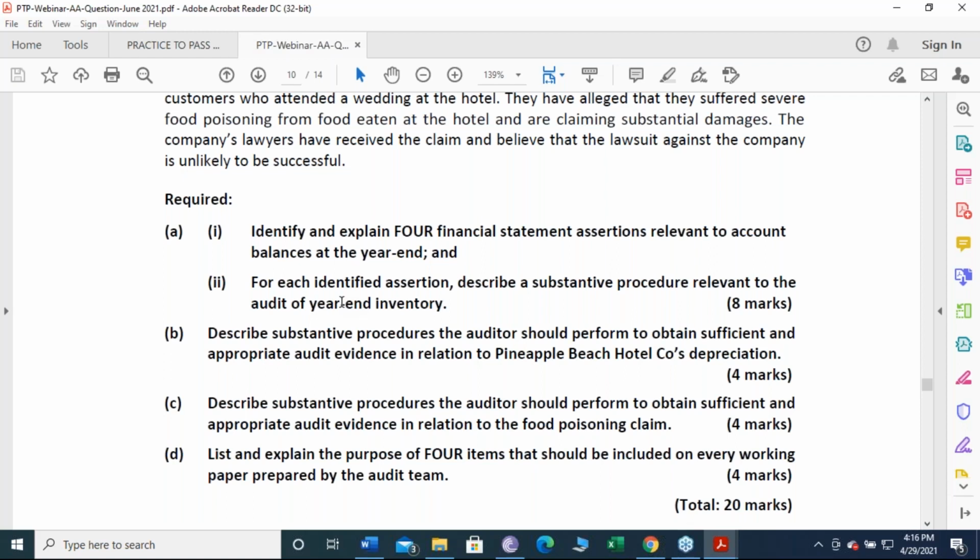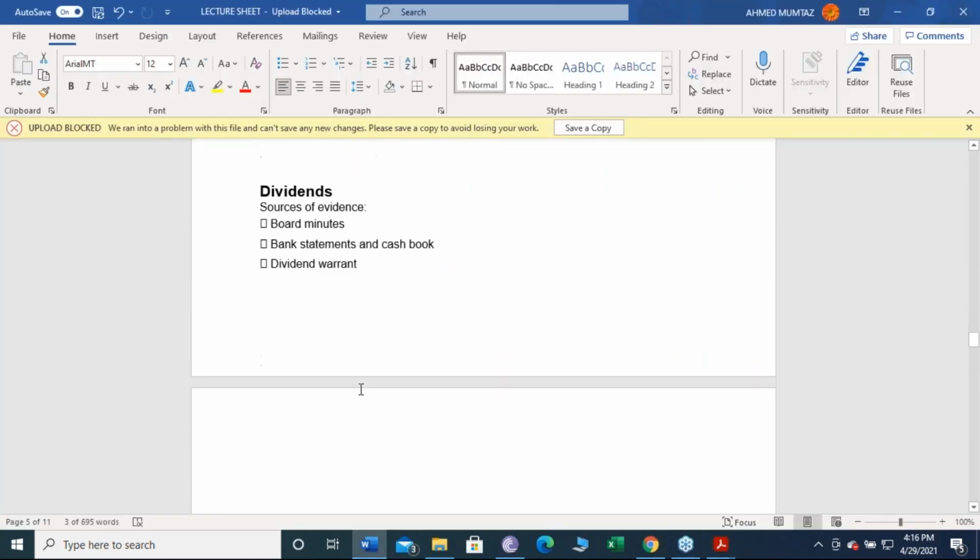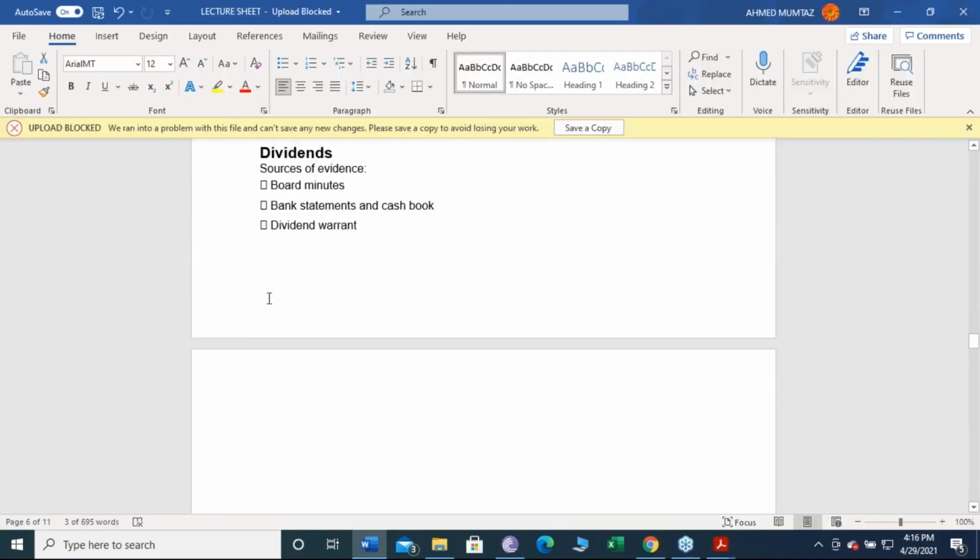Now, what does account balance mean? Account balances is the alternative name for statement of financial position, and class of transactions is the alternative name for statement of profit or loss account.